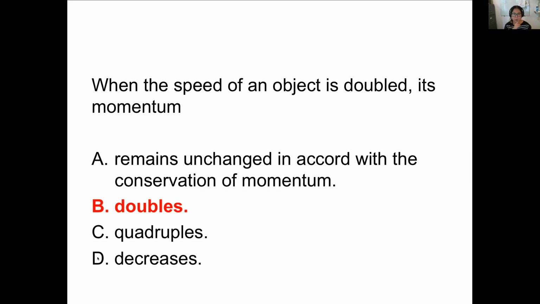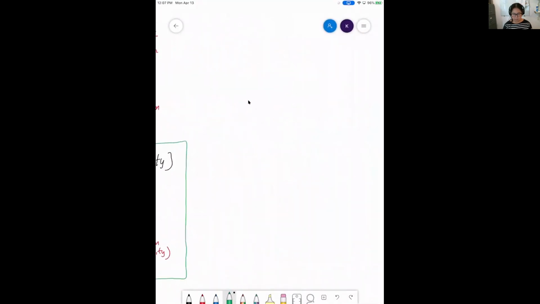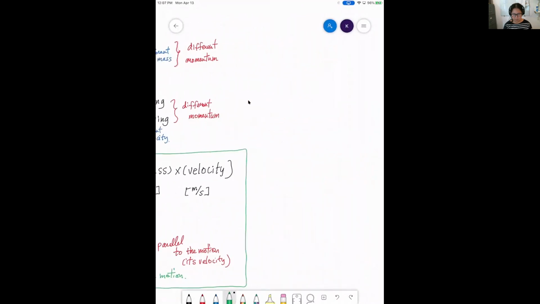Now let's talk about impulse. Impulse is change in momentum. I'm going to go back to the whiteboard. So this was the previous one.